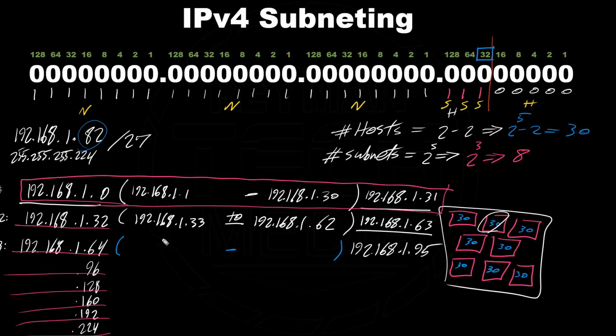So the first available IP address in this subnet is 192.168.1.65, and it goes to 192.168.1.94, one less than the broadcast. If we add one IP address, 95, that's the broadcast. If we add one more, 96, that's the next subnet.